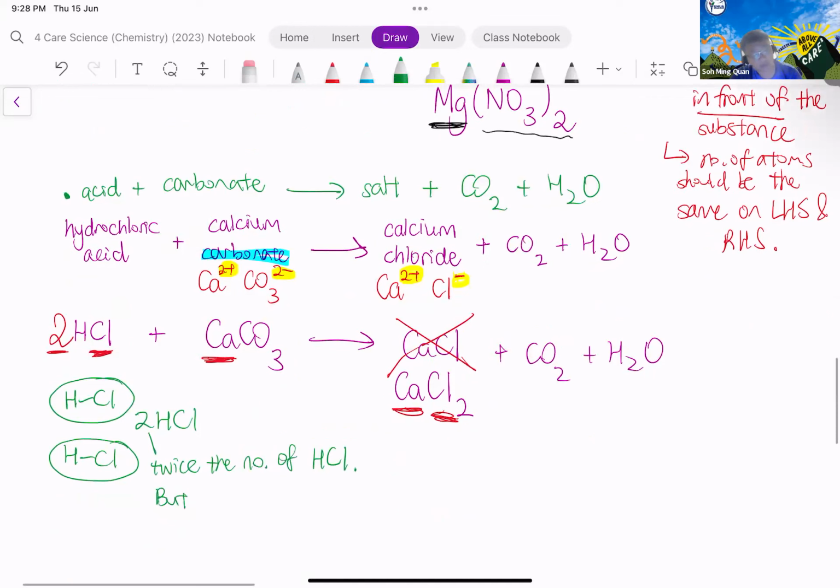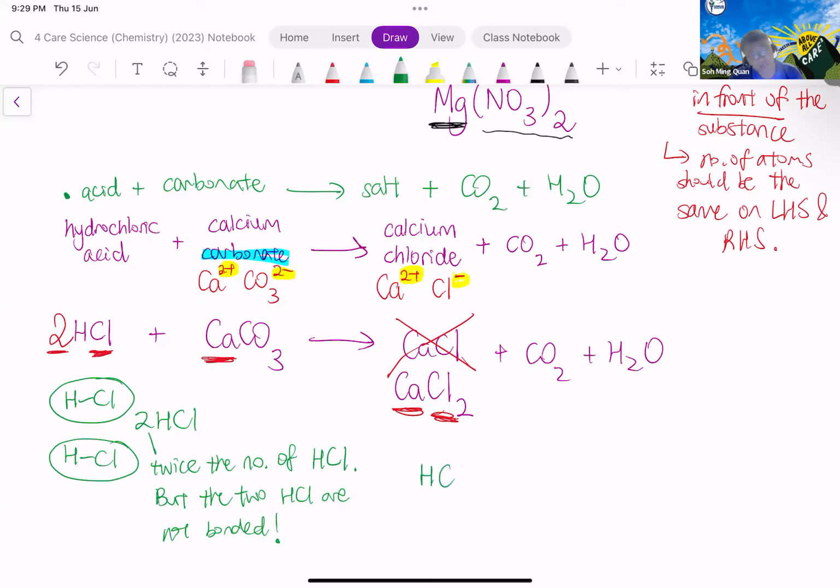But the 2 HCl are not bonded. Now, many of you think, why must the number be put in front? Why can the number not be put at the bottom? If the number is put at the bottom, that means it's bonded together. But what you are trying to say is you need twice the amount of HCl. So the 2 must go in front. So this is 2 HCl.